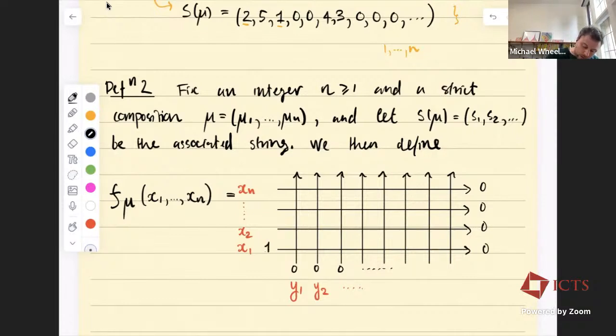So on the left, I'm going to take the first edge to be color 1, second edge to be color 2, and all the way up to the nth edge. And then at the top, I have the string. So this is S1, S2, S3, and so on. So what you should think of happening here is that you have color 1, which enters the lattice via this edge here. And color 1 is going to make its way through the lattice.